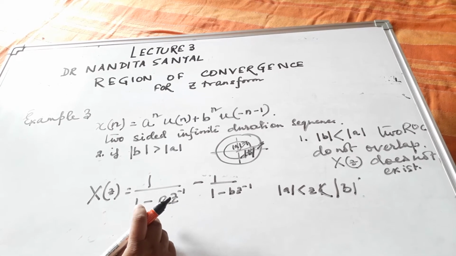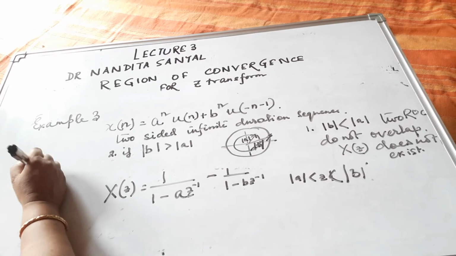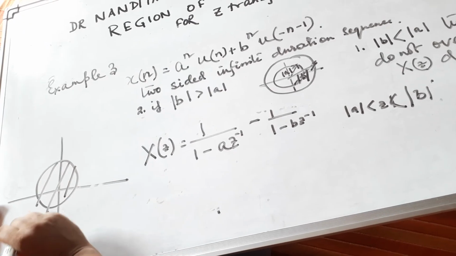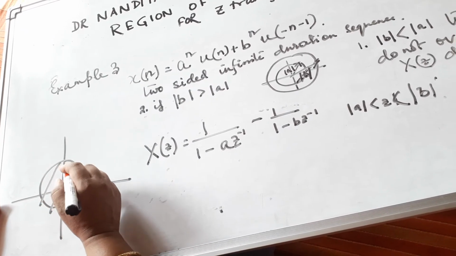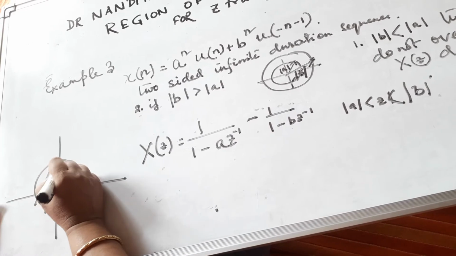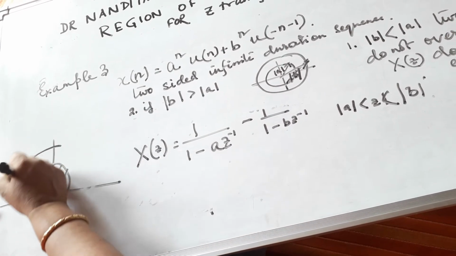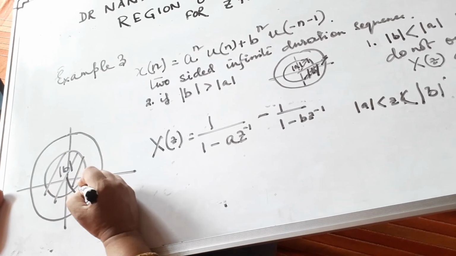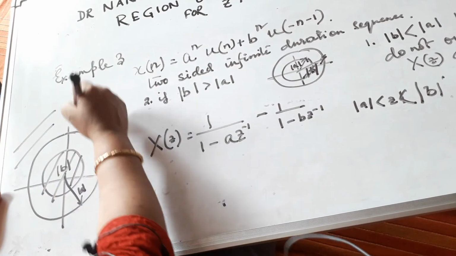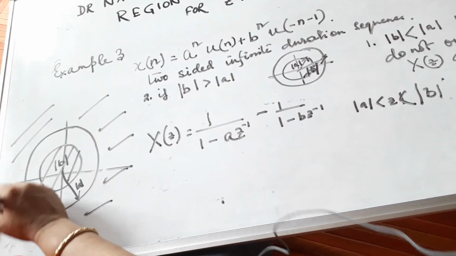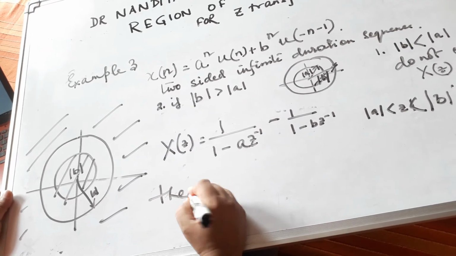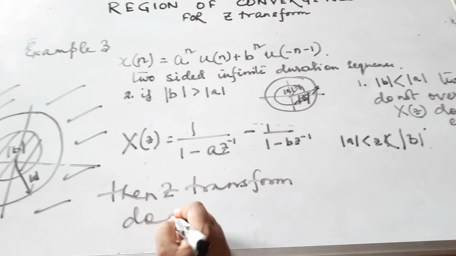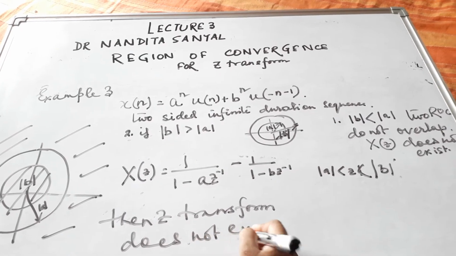So if this is mod b and this is mod a, then the Z transform does not exist.